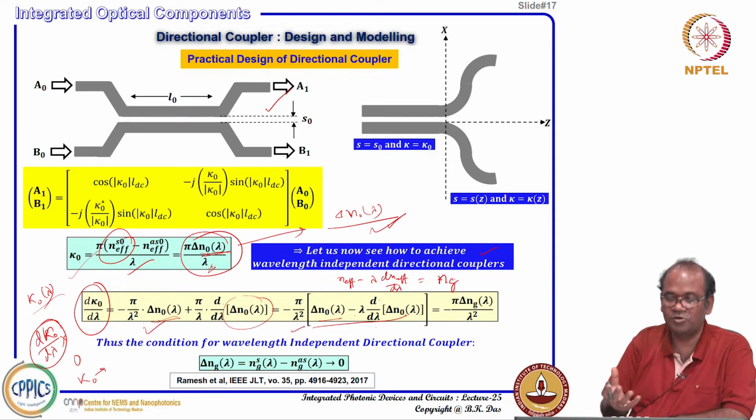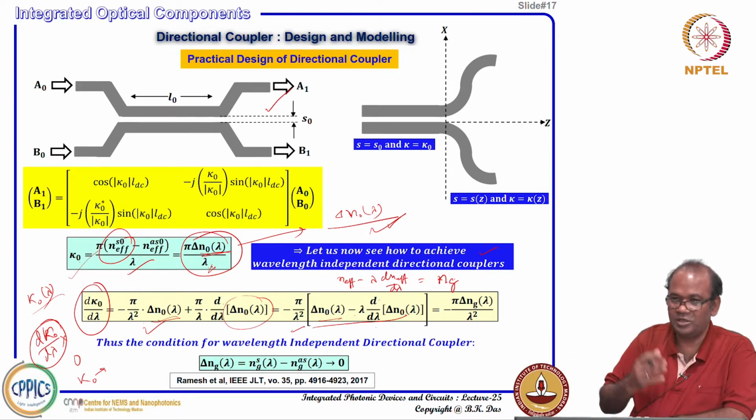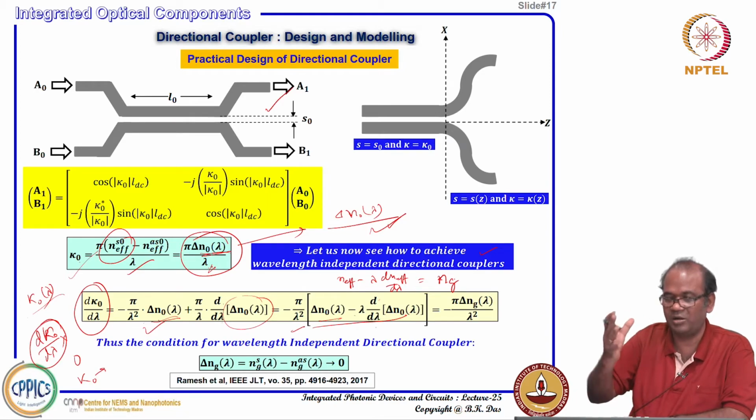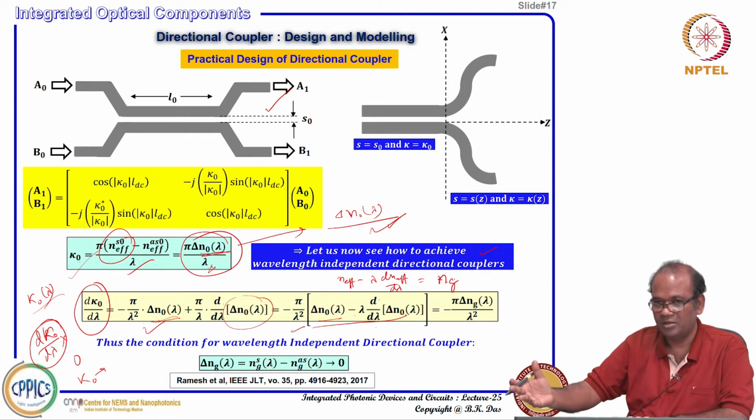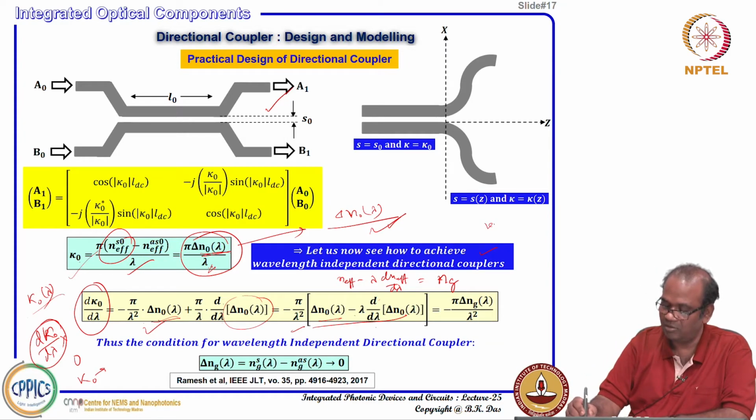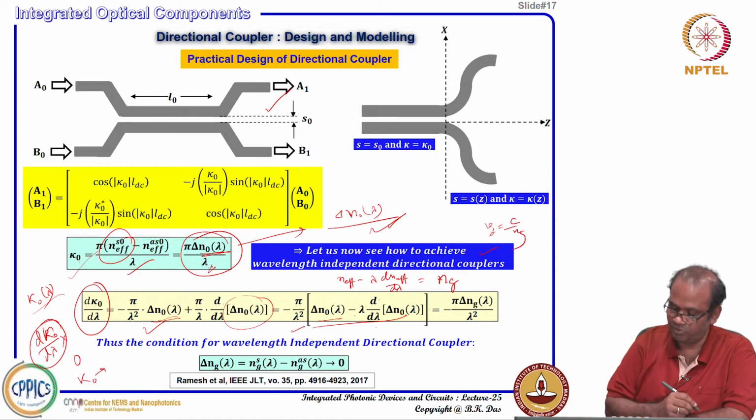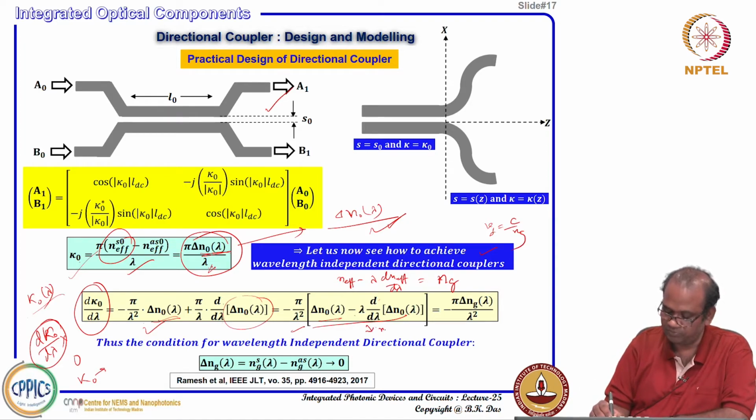This group index is very important to estimate how information travels through the circuit, because information means a modulated signal, and several frequencies will be there. How those frequencies travel as a group, that velocity comes from the expression Vg equal to C by Ng. So, this is your Ng.